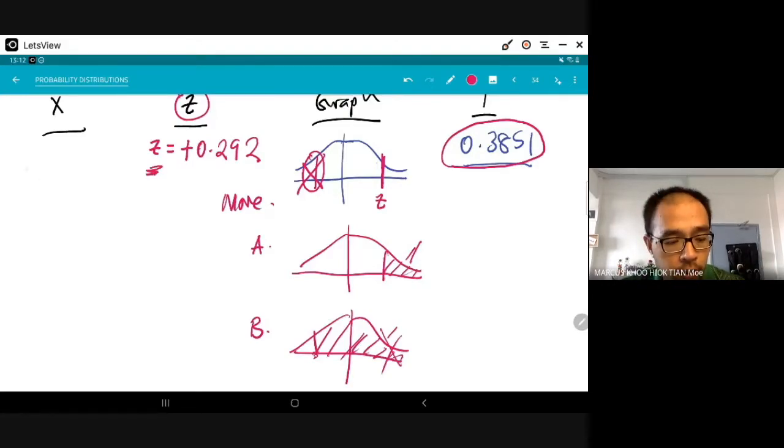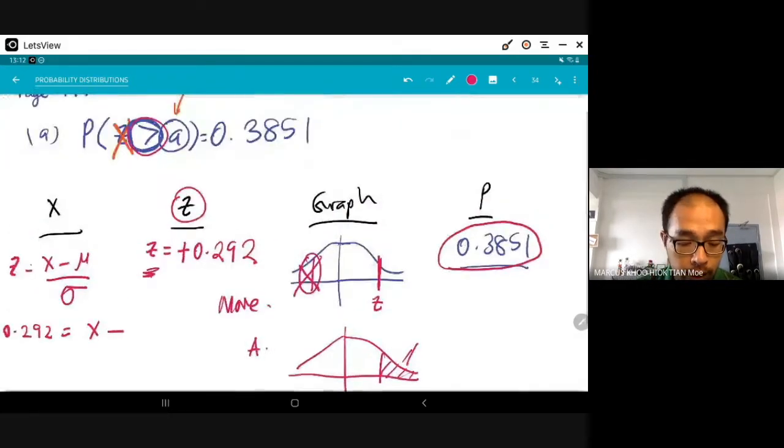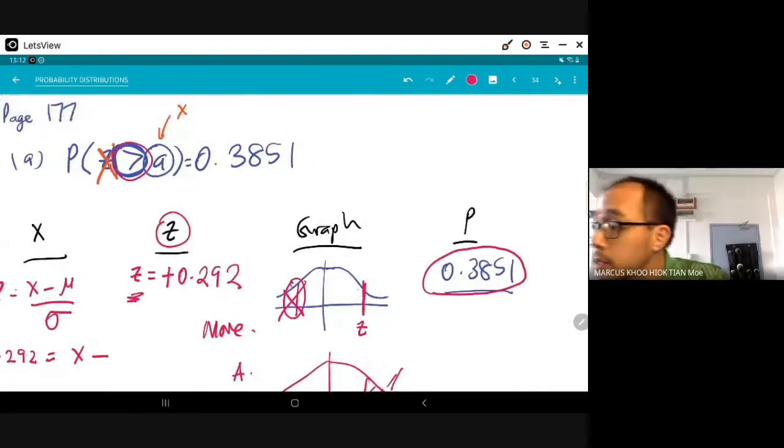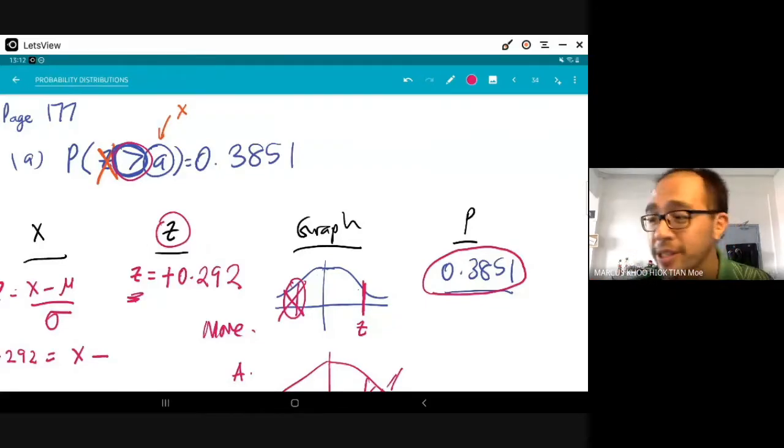Can. Okay. Z equals X minus mu over sigma. My Z score is now positive 0.292 equals X minus, what is my mean? Oh, they didn't give the mean. Sorry, they're supposed to give the mean.